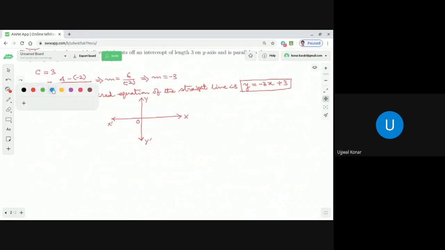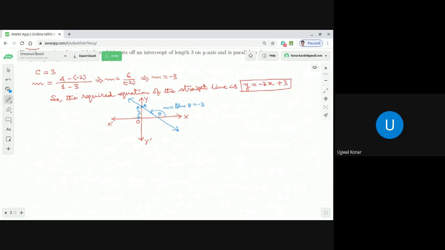So let me draw this in the blue color. The straight line will be something like this, where this angle is theta and m is equal to tan theta, that is equal to -3, because of the obtuse angle. And if we consider this as A, so this A is 3 units, on the positive side. And this is the equation.